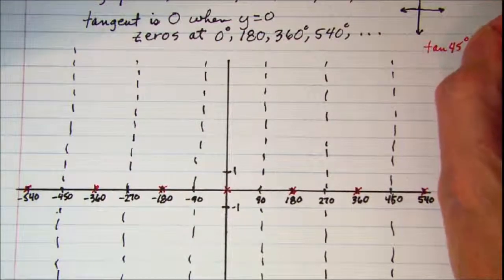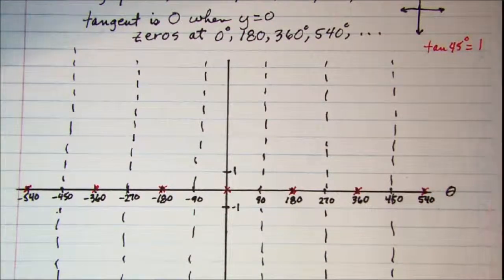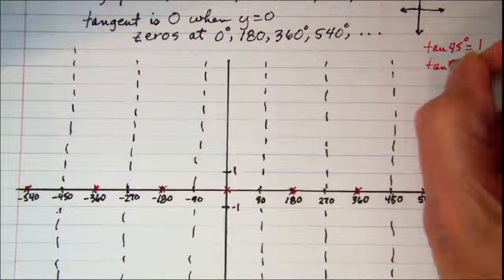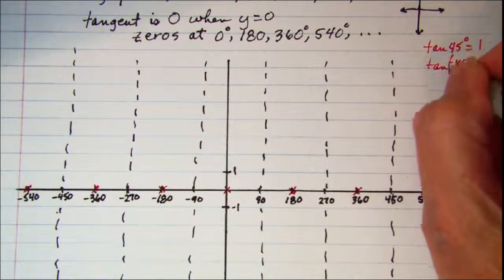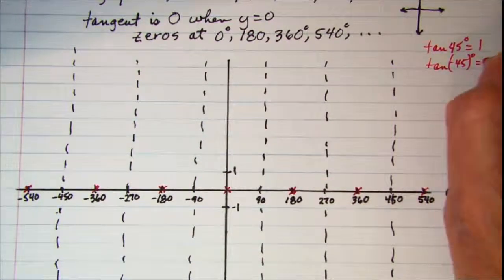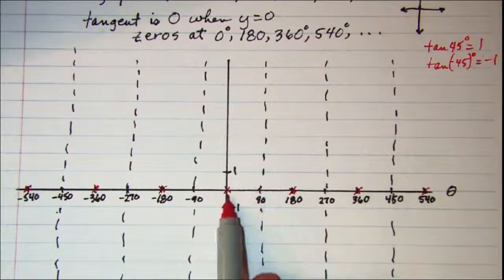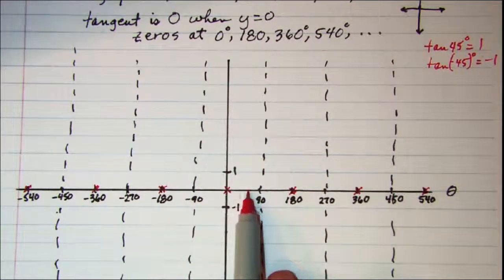And then one other thing that'll help us with our graphing is we know that the tangent of 45 degrees is positive 1, and the tangent of a negative 45 degrees is a negative 1. So halfway in between 0 and 90 is our 45 degree angle, and that value is 1.